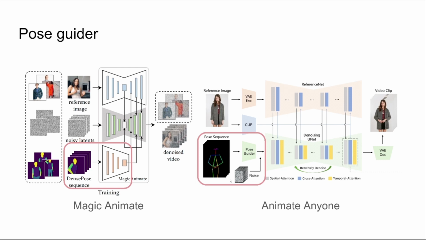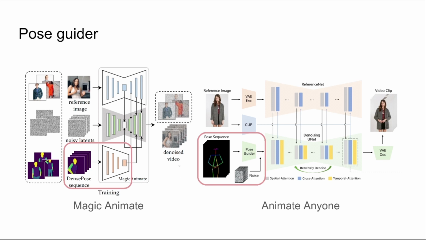For this we can refer to another paper published before Animate Anyone. Animate Anyone is published by Alibaba's DAMO Academy, and another paper called Magic Animate is from ByteDance. The task of Magic Animate and Animate Anyone are almost the same: input the image and the motion guidance, and finally generate a video. But the video generated by Magic Animate is not as good as Animate Anyone.